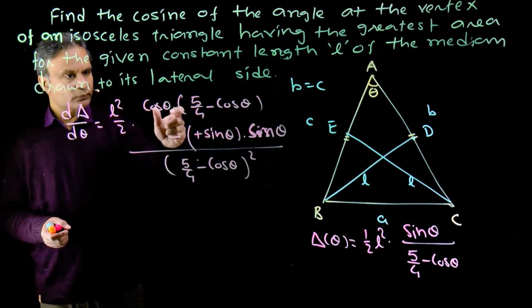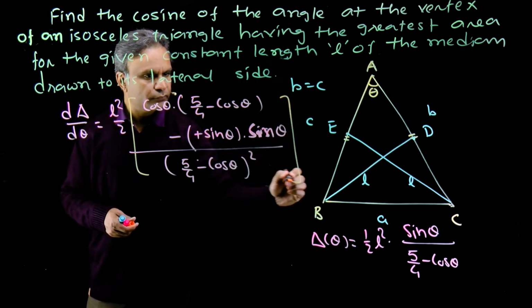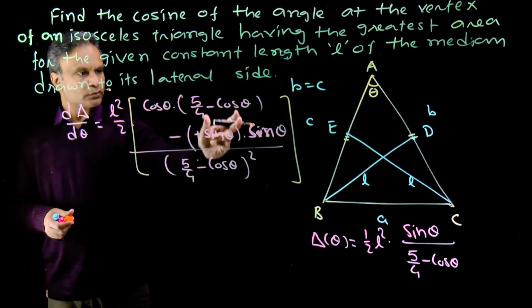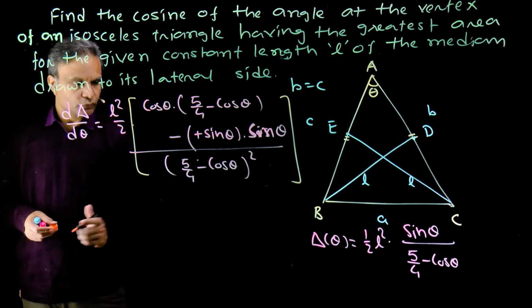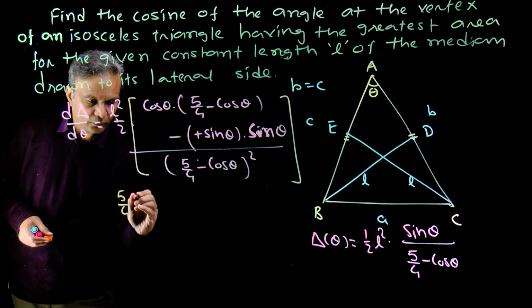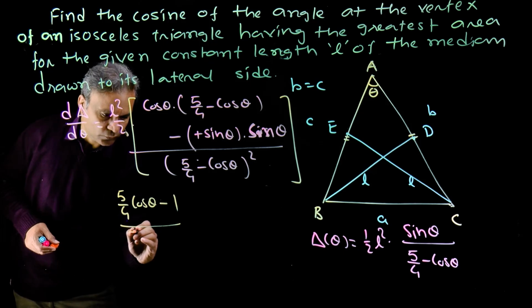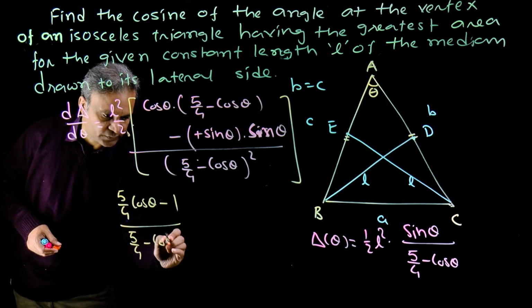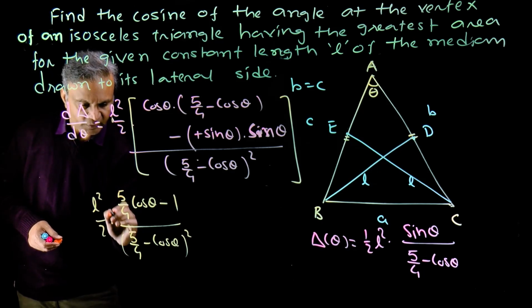Now we have here minus cos square theta minus sine square theta, which is 1. So we get 5 over 4 cos theta minus 1 over 5 over 4 minus cos theta whole square, multiplied by L square by 2.